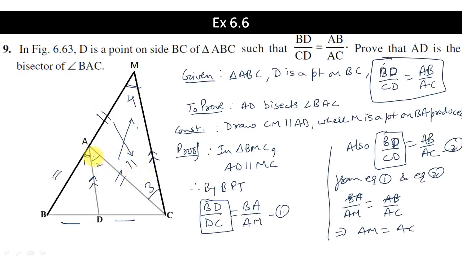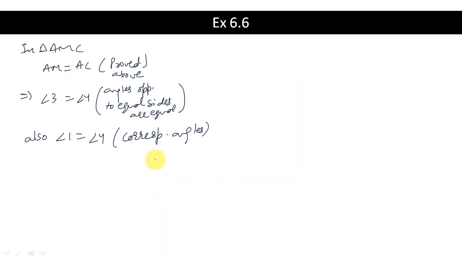And this angle 2 is equal to angle 3, as they are alternate interior angles. So angle 3 is equal to angle 4, angle 1 is equal to angle 4, and angle 2 is equal to angle 3. So 1 equals 4, 4 equals 3, and 3 equals 2.